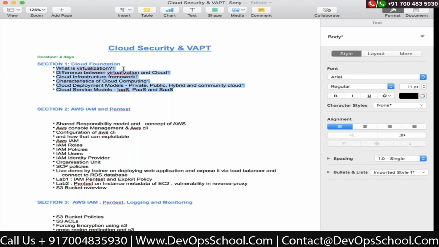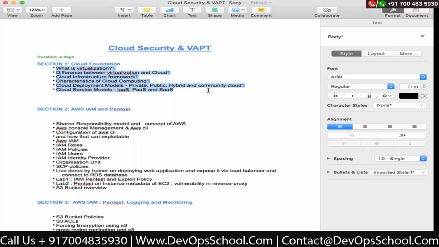Let's start with AWS IAM, and we'll see what the shared responsibility model looks like and the concept of AWS. We are going to start with one of the cloud vendors, which is AWS. As you know, we have many, and 31% of the market share has been completely taken by AWS. So we'll talk about AWS first.